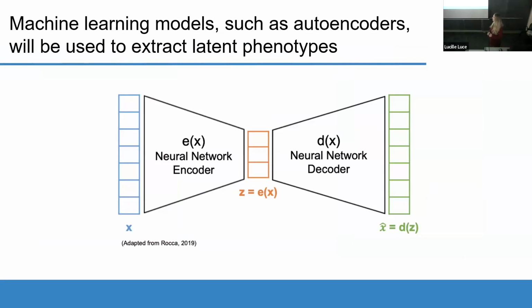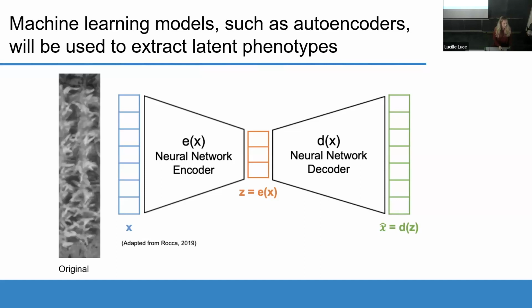So in order to achieve integration, we're using machine learning models called autoencoders. An autoencoder is a deep unsupervised machine learning model, which takes its input, for example, our multispectral image, passes it through a first neural network, the encoder, to produce what is called the latent space here. This latent space is a reduced representation of the original image.